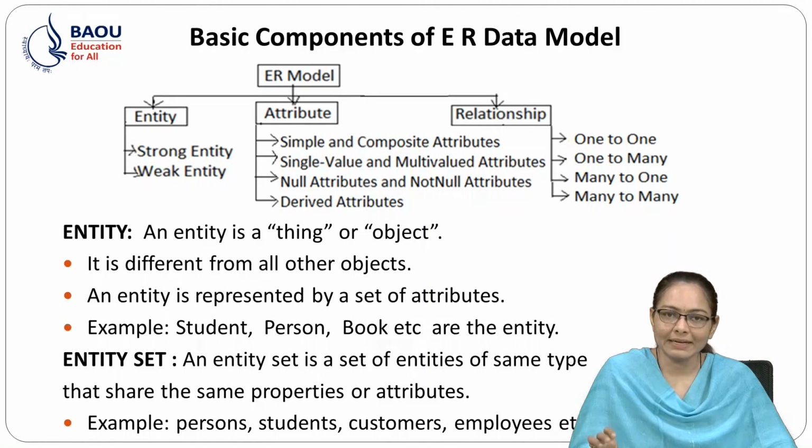Here entity set means not only a single person but a group of persons, not a single student but a group of students is called an entity set. A single student is an entity and a group of students is called an entity set.